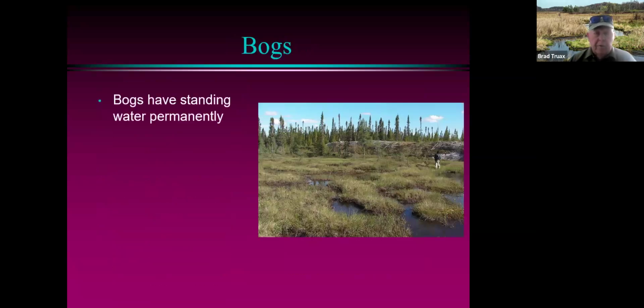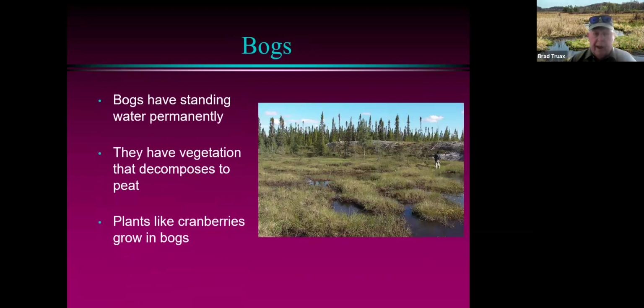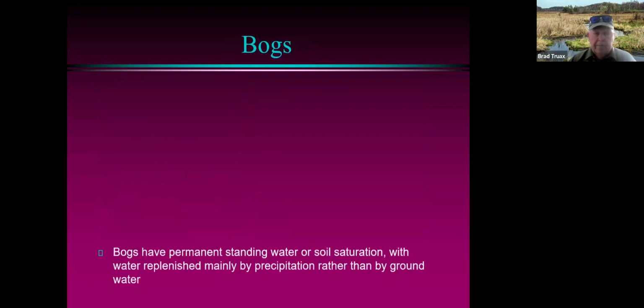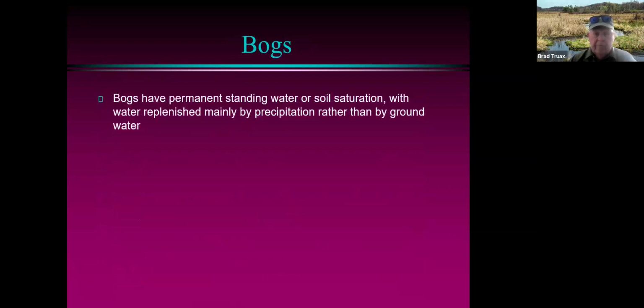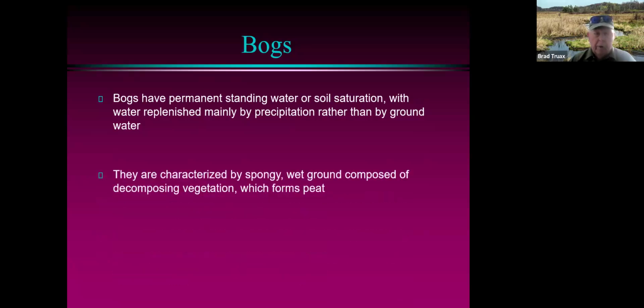A bog is a little bit different. Bogs have standing water permanently, and they have vegetation that decomposes into peat. Plants like cranberries grow in the bogs. And bogs, again, have permanent standing water or saturation of the soil, and the water is replenished mainly by precipitation rather than by groundwater.